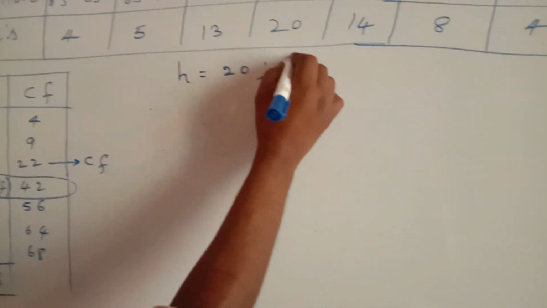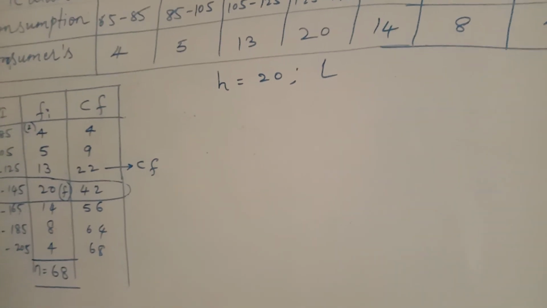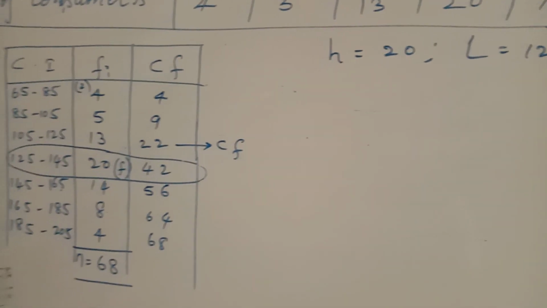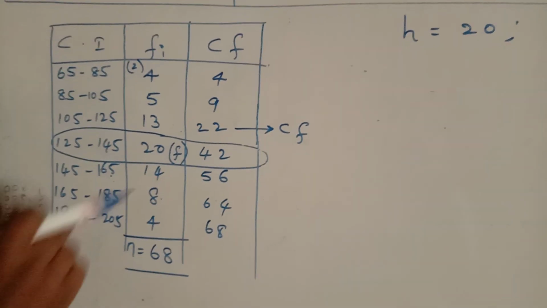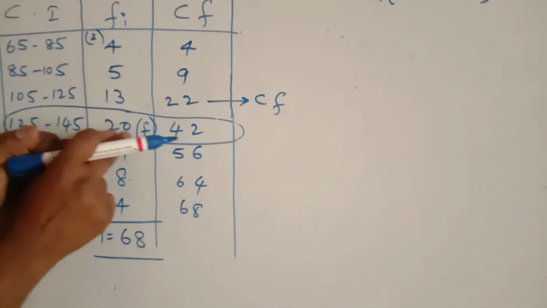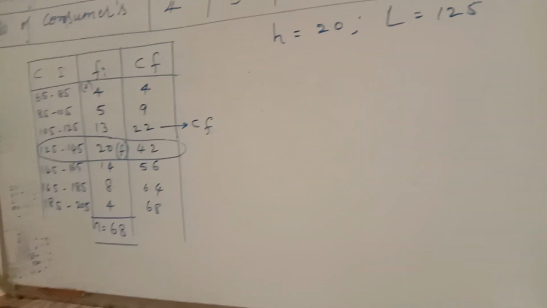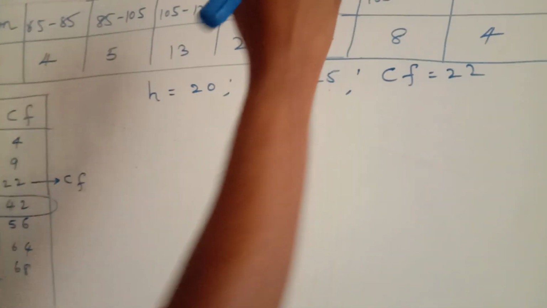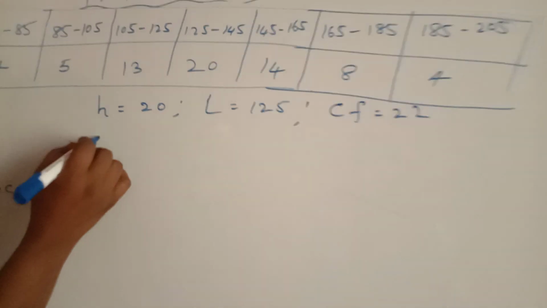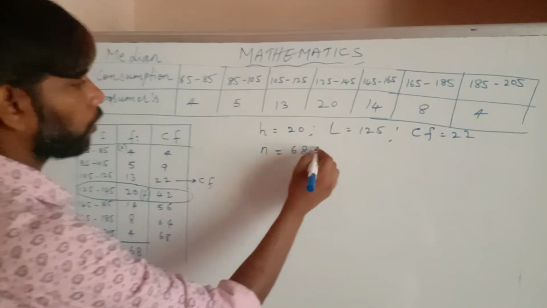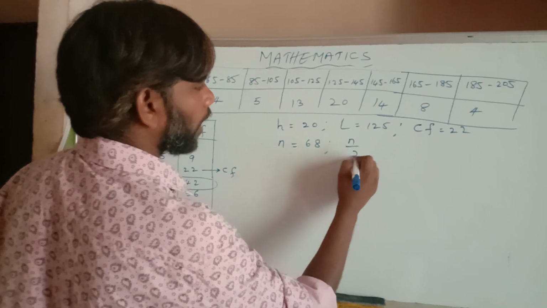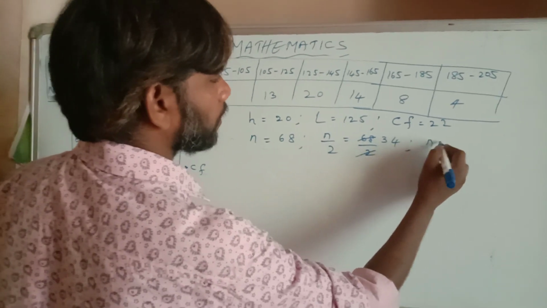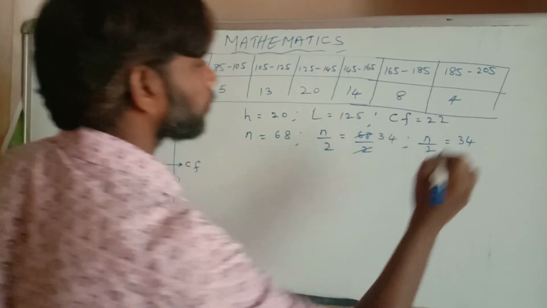The lower boundary you consider directly: L equals 125, the lower boundary of the class with the highest frequency. CF equals 22. N equals 68, but you require N by 2, that is 68 by 2, which is 34.